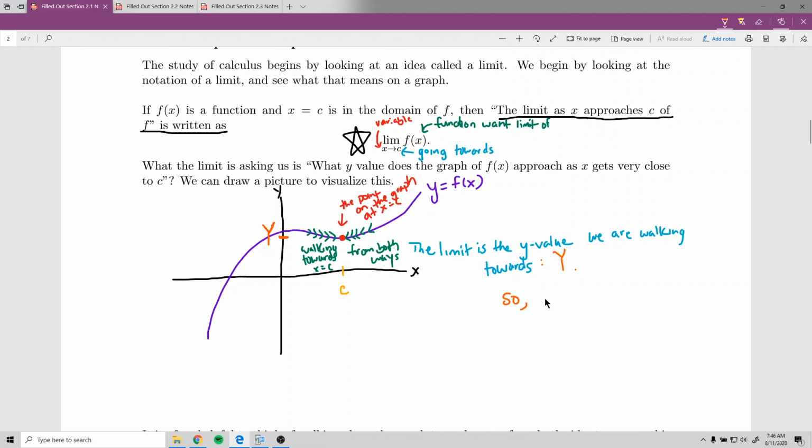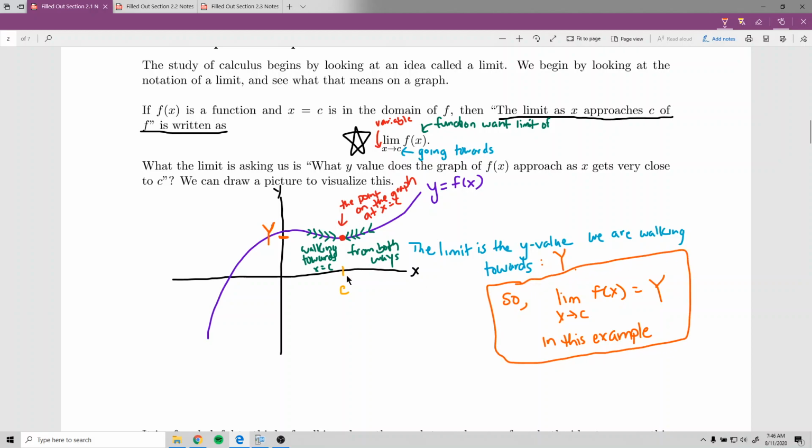So what we would write is the limit as x approaches c of our function f of x equals capital Y. And if you don't like dealing with just the numbers, pretend that if c was 2 and y was 3, then we would have, as we walk towards x equals 2 from both ways, the y value we are going towards is 3.